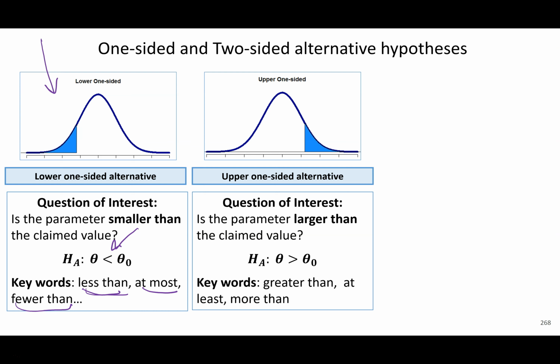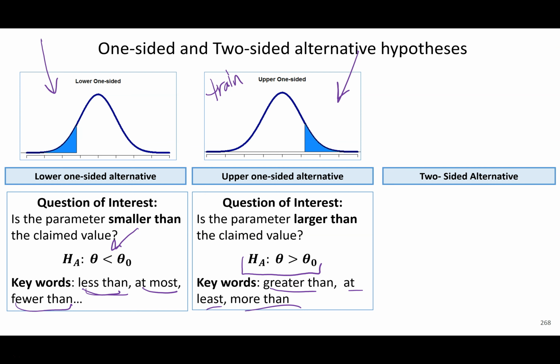Like our train example, it's set up to say we believe the parameter is greater than some value. So you'll see greater than, at most, more than. You're looking for language that indicates you are concerned that the average is higher. You could have higher than as well.